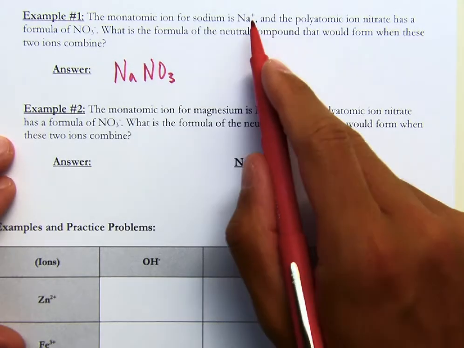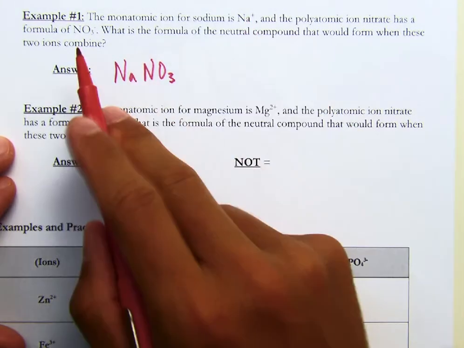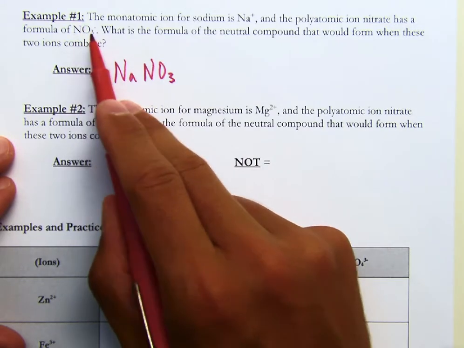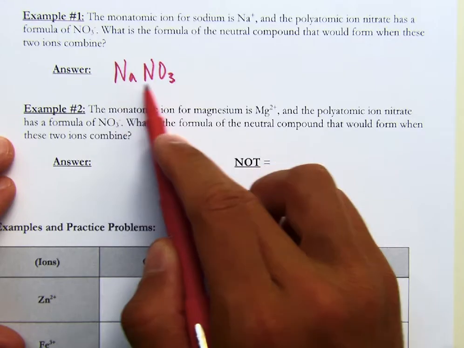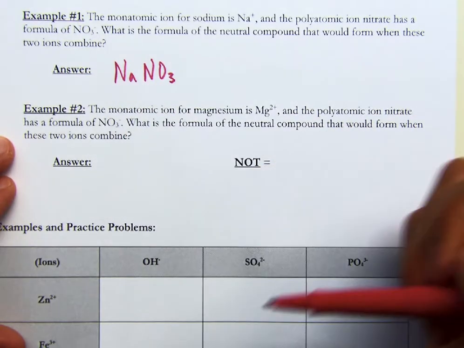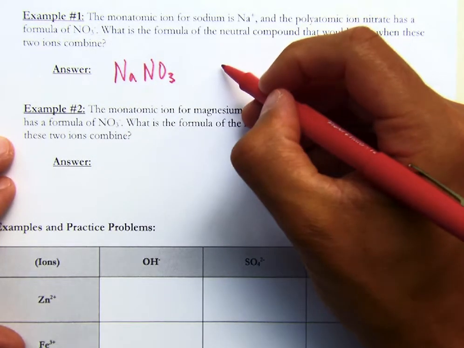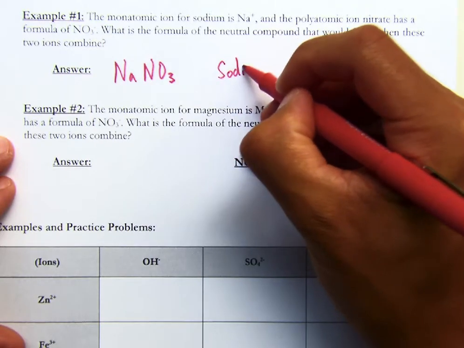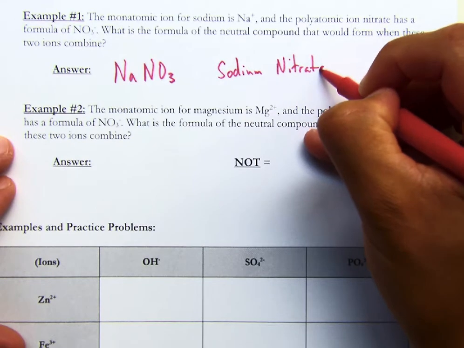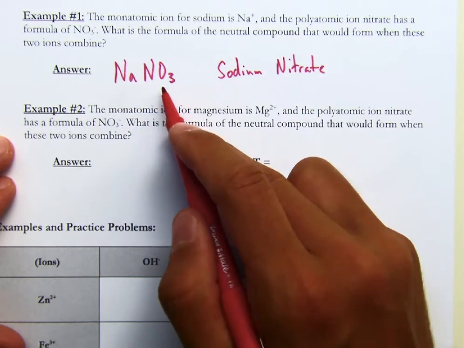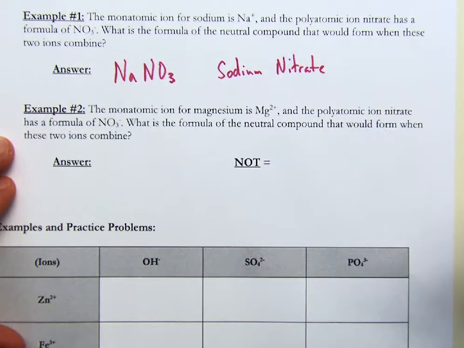Now, sodium is +1, and nitrate, this whole thing, is -1. So if this is +1 and this is -1, that's it. It's a neutral compound. And this is called sodium nitrate. All you have to do is name the metal and then name the polyatomic ion. You don't change the ending to "ide" or anything. It's sodium nitrate. Easy as that.